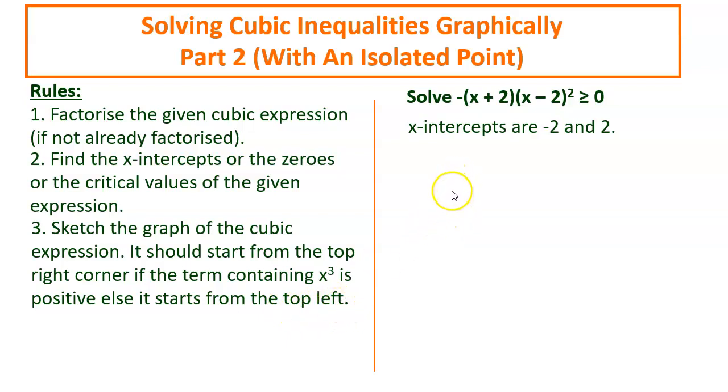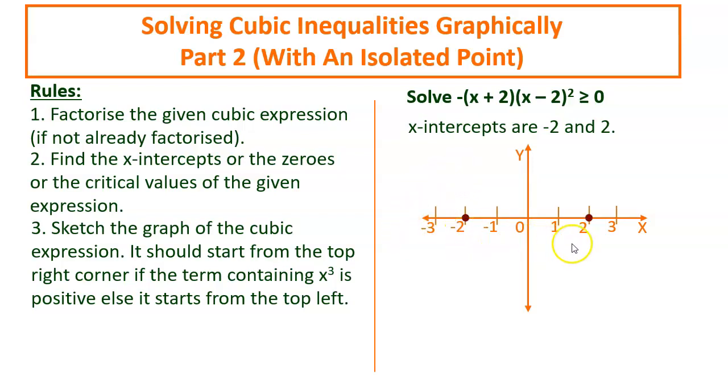Now we come to the xy axis, and the two x-intercepts are these two, negative 2 and positive 2. And the graph will be starting from top left. So this is the shape.